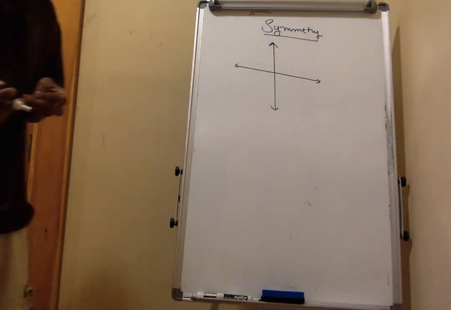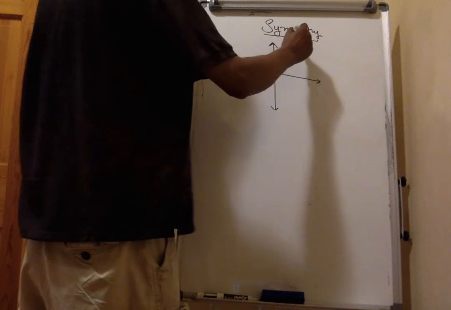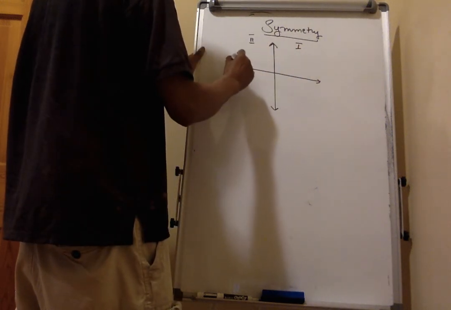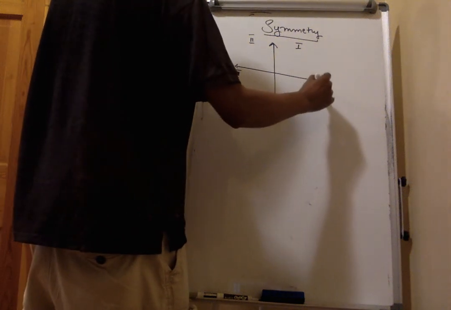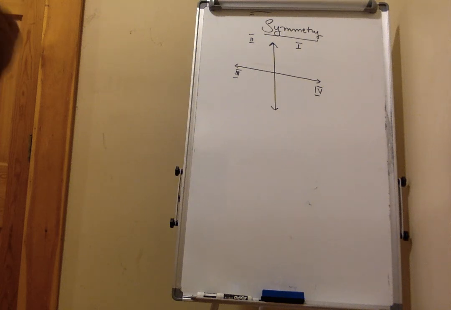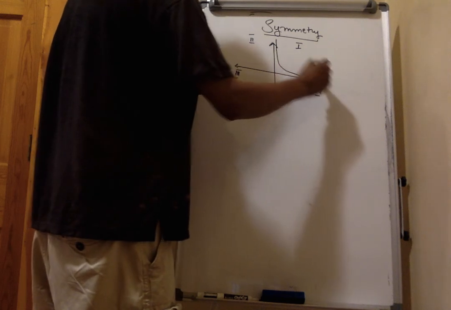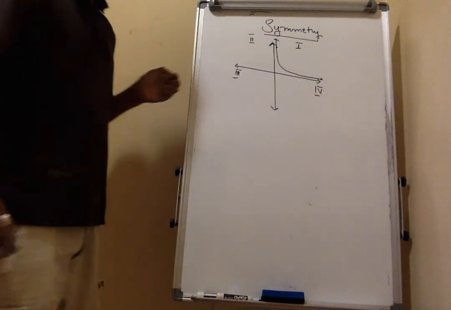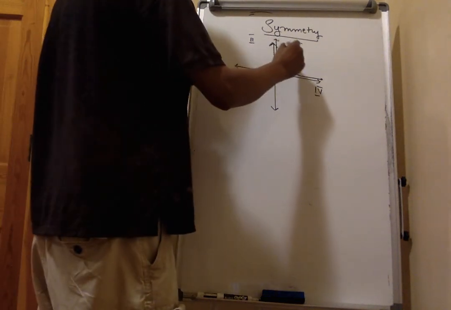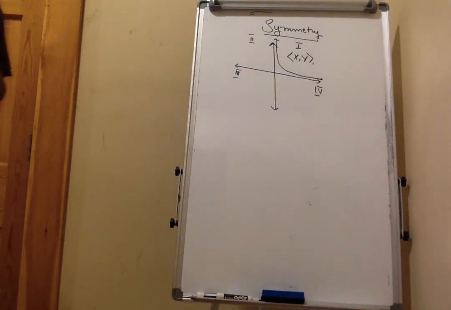You know that it is divided into 4 equal parts: quadrant 1, quadrant 2, quadrant 3, and quadrant 4. Let me draw a graph in quadrant 1. In quadrant 1, all values of x and y are positive, so I will denote it as xy.